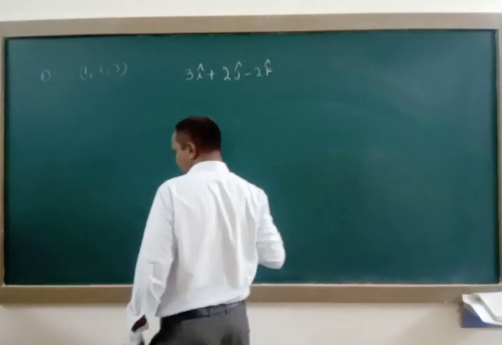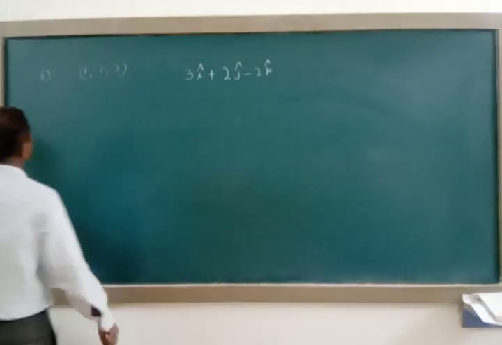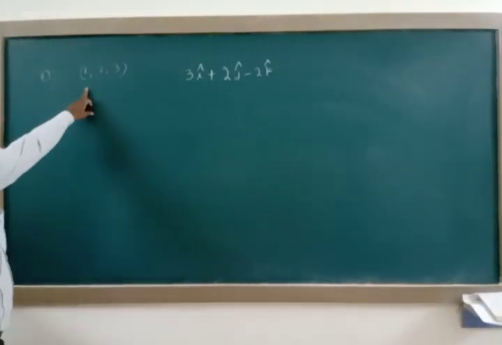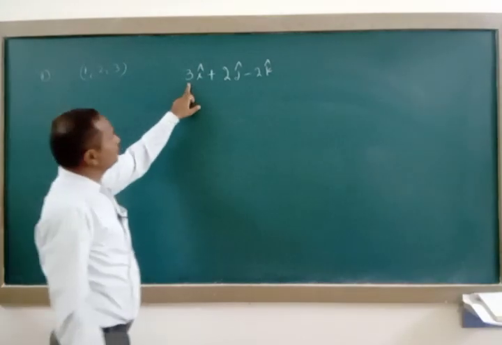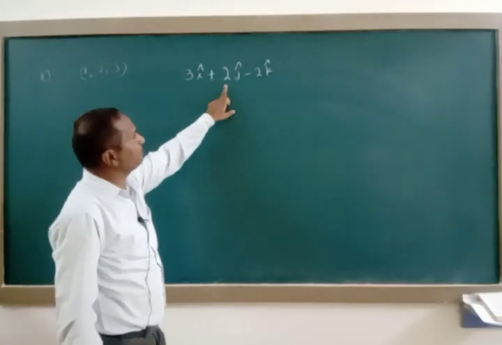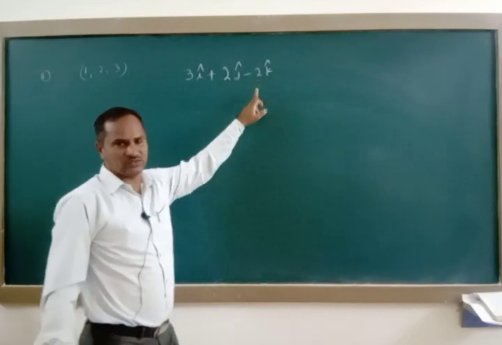Here in this case, a line is passing through the point (1, 2, 3) and parallel to the vector 3i cap plus 2j cap minus 2k cap.